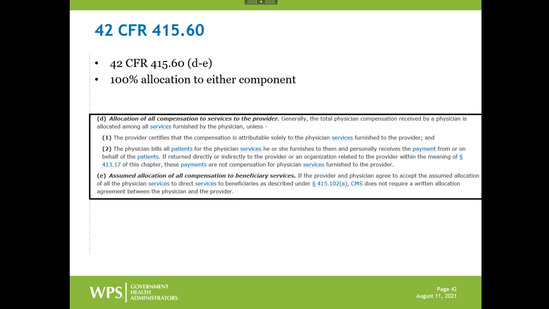If there was no written allocation agreement, as we'll see in just a bit, 100% would be reported as professional component, which is carved out. So if they agree to accept 100% professional component to begin with, then there's no allocation agreement requirement. That's the most conservative to the Medicare program, therefore there's no review needed at that point.